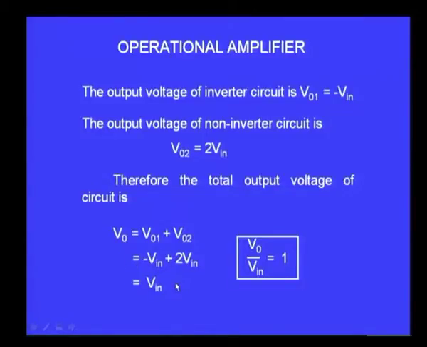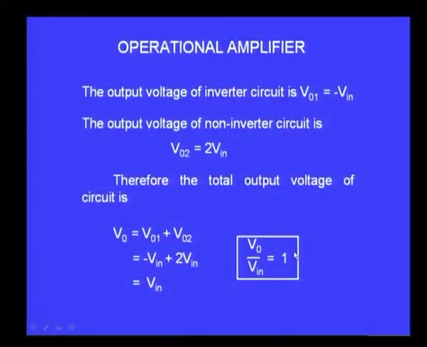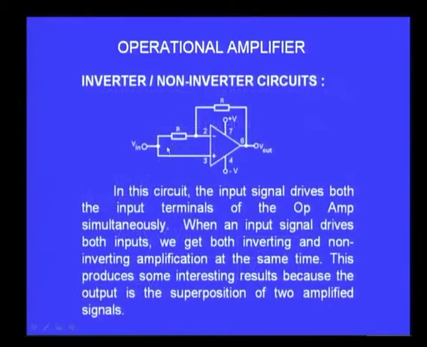That means it is a non-inverting amplifier effectively, and the gain is 1. VO by V in is the gain, and that is equal to 1. Therefore, when I have a simple configuration like the one I showed you at the beginning, with the two resistors equal and the input voltage applied here, I will exactly get the same voltage at the output.